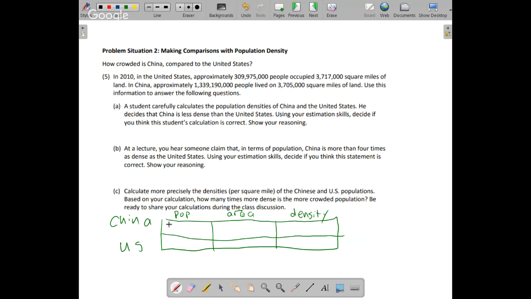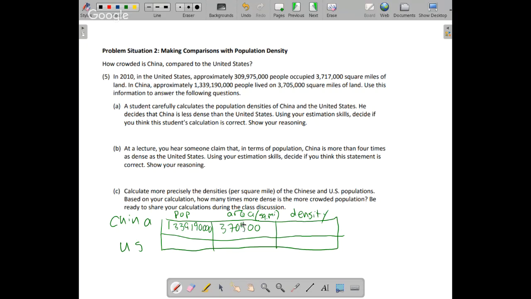So China had 1,339,190,000 people and an area of 3,705,000 square miles. So this is population, area, square miles. And actually the rest of the world measures in square kilometers, not square miles.